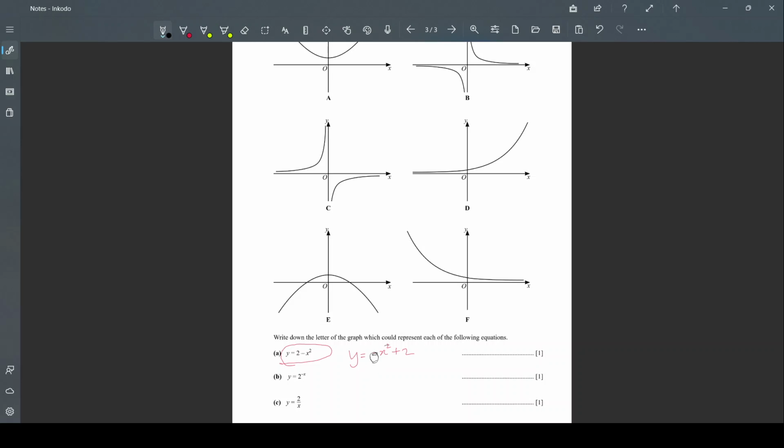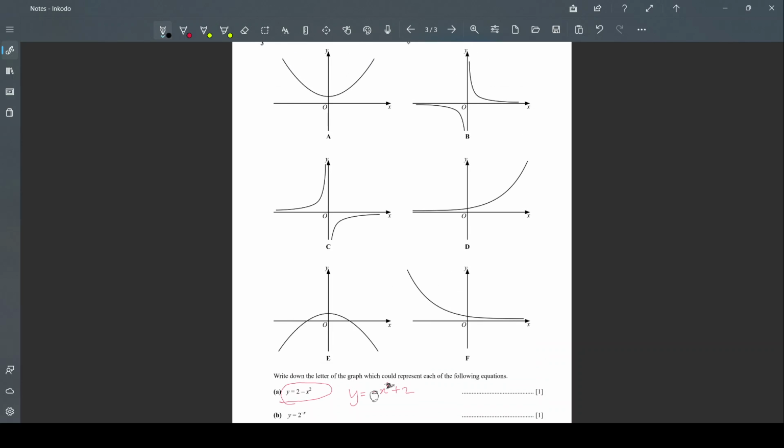It's a quadratic graph, first of all you have to keep that in mind, because the highest power is 2. And in these 6 graphs, where is a quadratic graph? This is quadratic and this is quadratic, correct? And I told you, if it is a quadratic graph, it should be either a U or the opposite of a U, right? And in what case will it be the opposite of a U? When we have a negative sign on the x square, right?